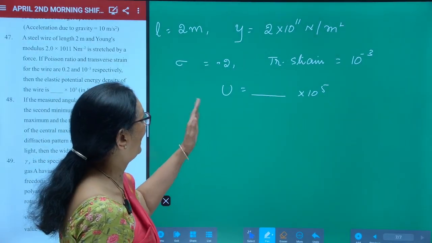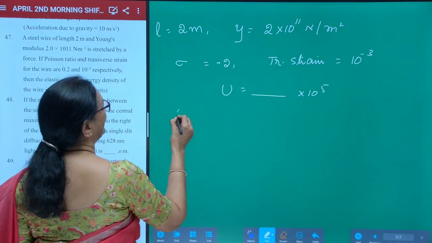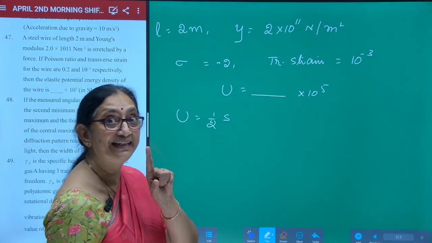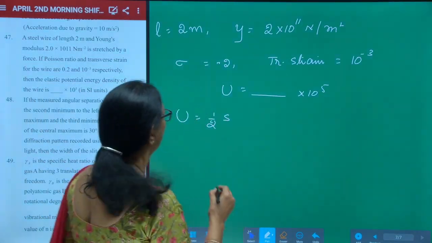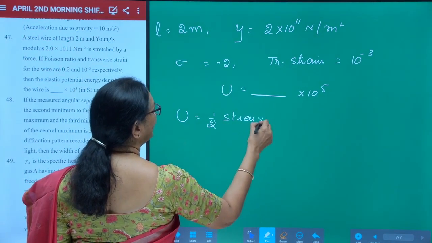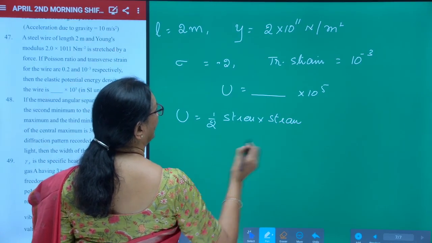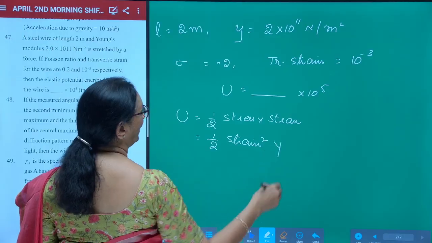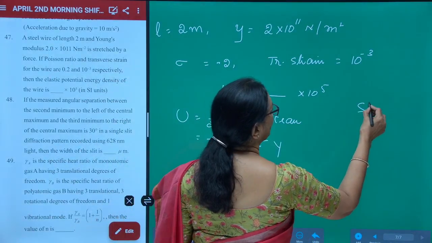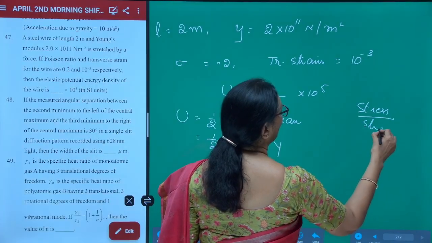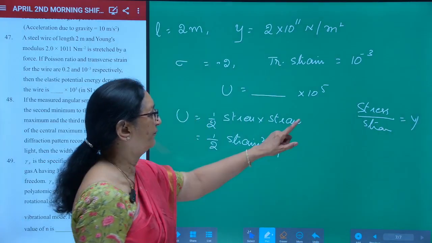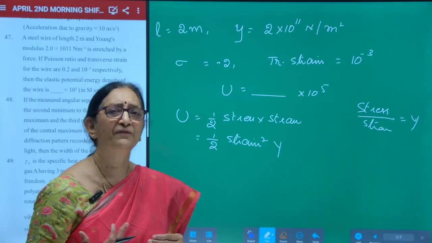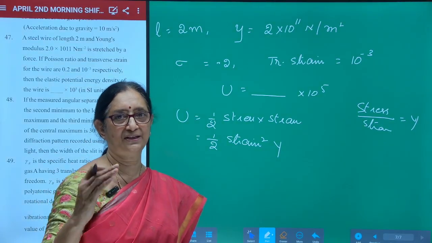See here, elastic energy expression: U is equal to half stress, here potential energy density, energy per unit volume, that is half stress into strain, or this is half strain square into Y, because stress by strain is equal to Y. So, if you want to eliminate stress, stress is equal to strain into Y. So, it becomes strain square Y. If you want to eliminate strain, half stress square by Y.